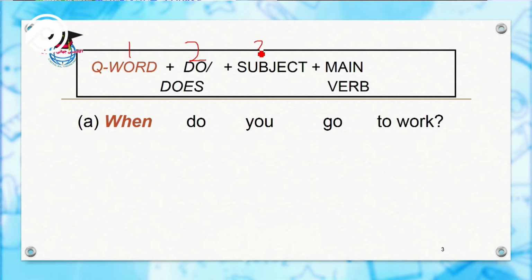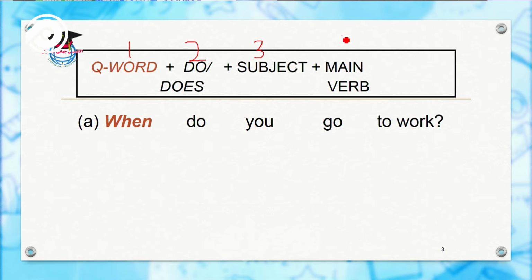The third thing you need to do is use the subject of the sentence. What is the subject? I, you, we, they, he, she, it. With he, she, it, does is used. With I, you, we, they, do is used. When do you, main verb.